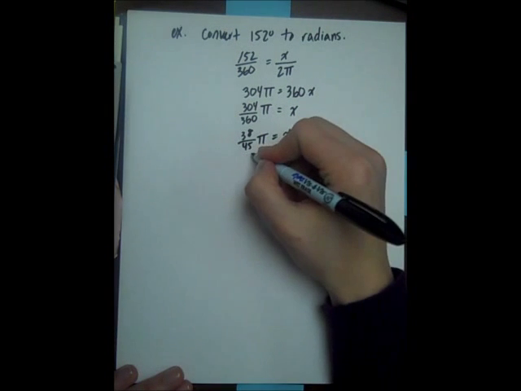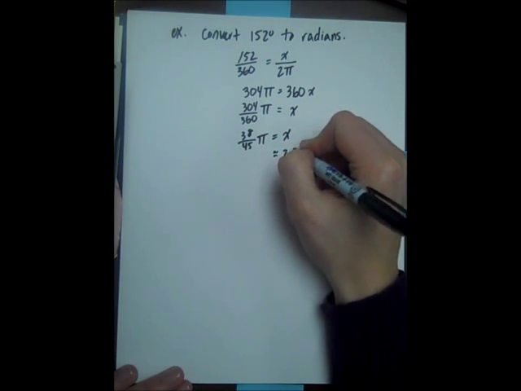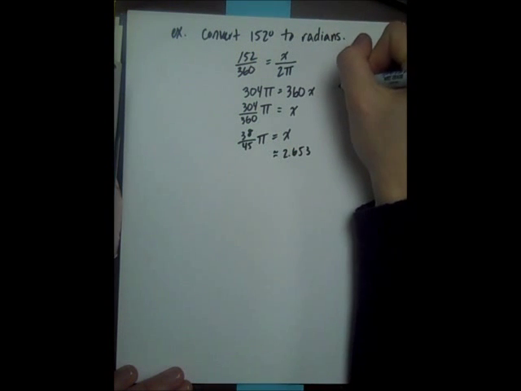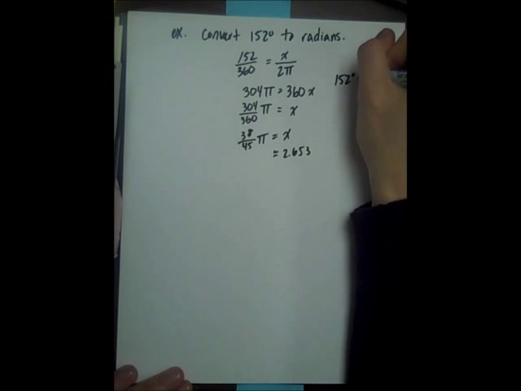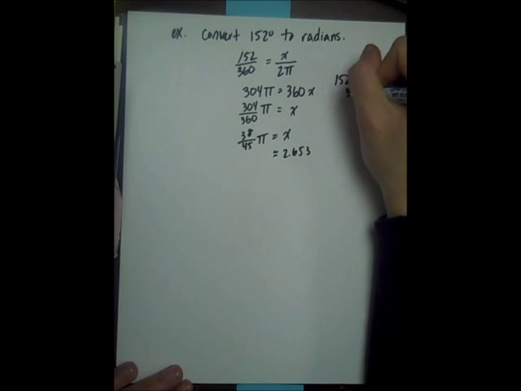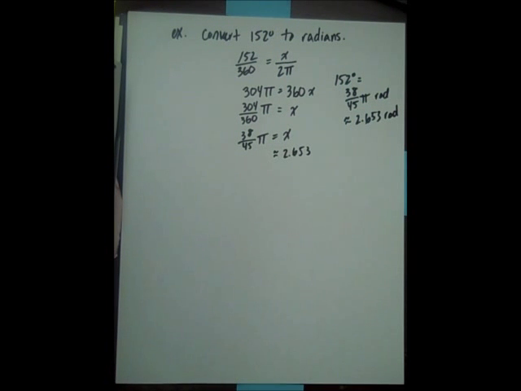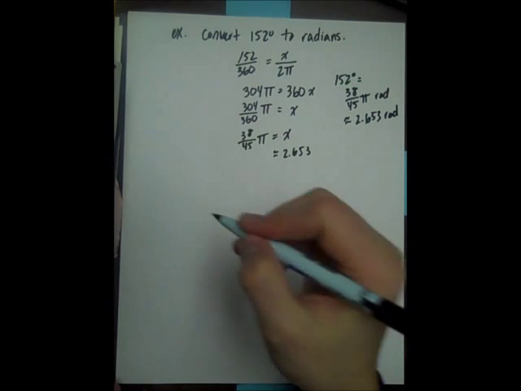Or you could write it as a decimal. So I could say this is 2.653. What this tells me is that 152 degrees is going to be equal to 38 over 45 pi, which is approximately, these are in radians, 2.653 radians. Doesn't matter to me if you use the fraction or the decimal.